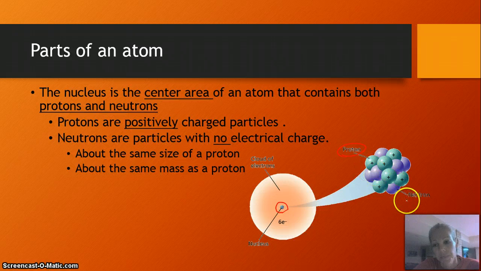It also has neutrons, which are neutrally charged or a zero charge. Neutrons and protons have two things in common. Not only do they have the same size and the same mass, but they're also located in the same area of the atom.